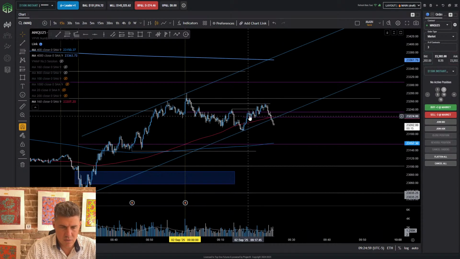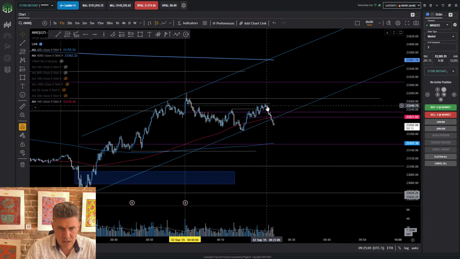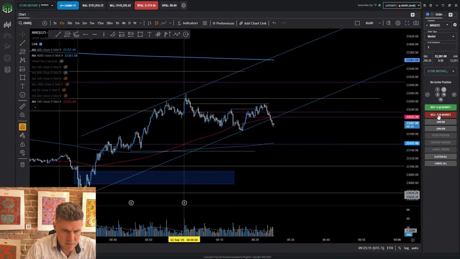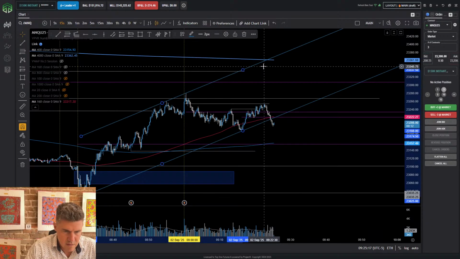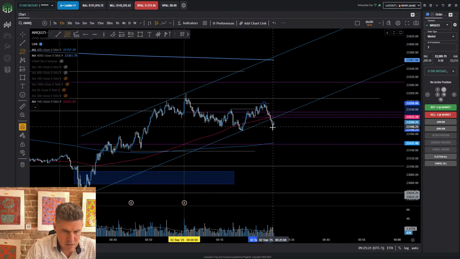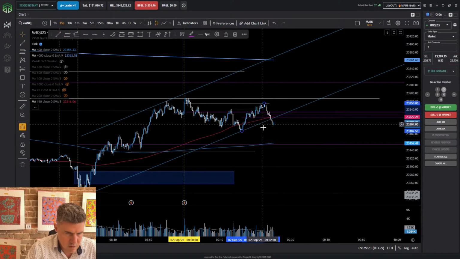This tightening channel was deceiving because it wasn't too tight and it was kind of sloping. It wasn't steep enough. But when you see these tightening channels, a lot of times it's trickery. I almost have to sell this candle. This 5 minute candle's such a nice short reversal.